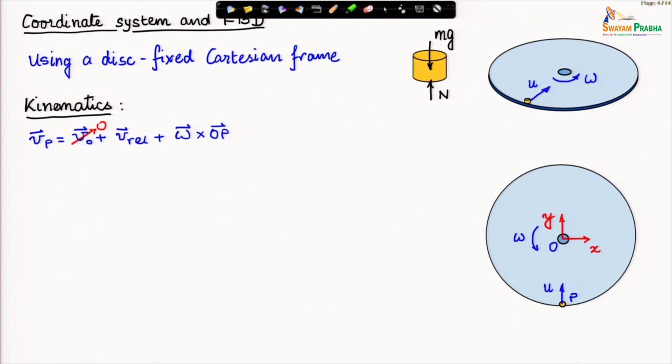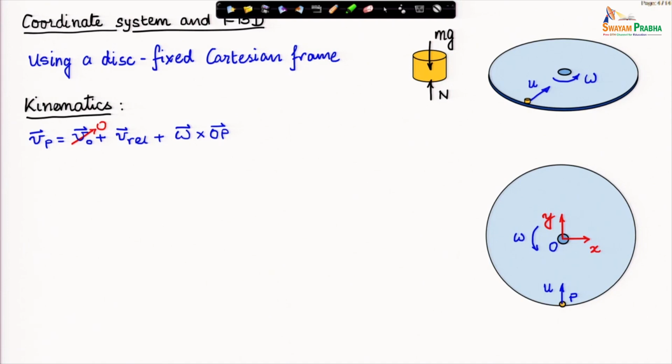Now, the kinematics. The velocity of the cylinder as observed by an inertial observer is equal to the velocity as observed by the disc fixed observer at O, plus Vrel, the relative velocity as seen by the observer in his or her frame, plus omega cross OP vector.